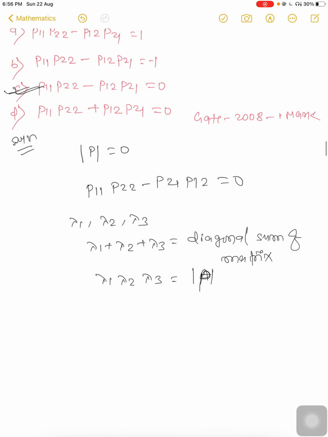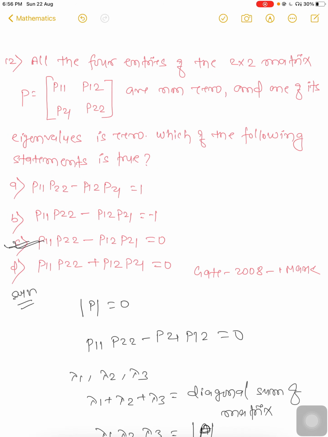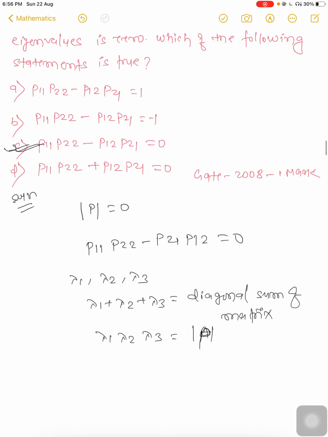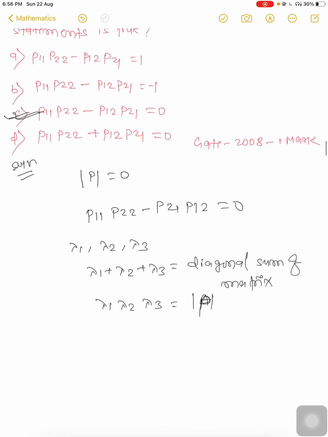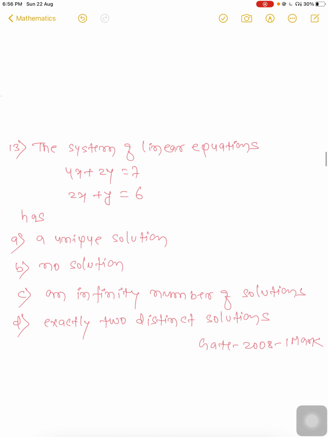So here is the P, one of the eigenvalue is 0, so multiplication of all eigenvalues will be 0, and so determinant will be 0.